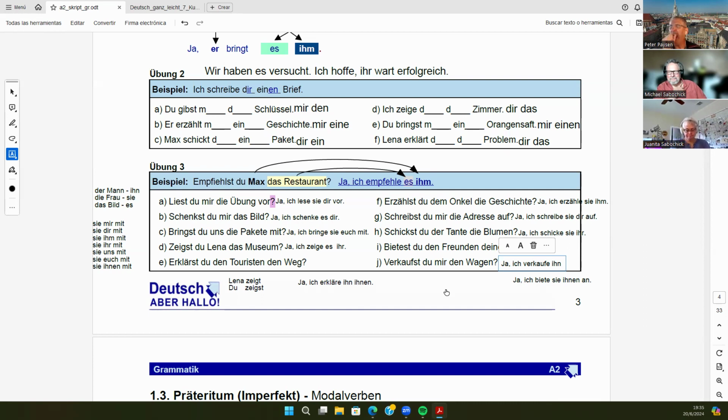Okay, so now we know who's doing the selling, but who is the recipient of the sale? The person that I am, the person who's speaking. Yes, I buy it.